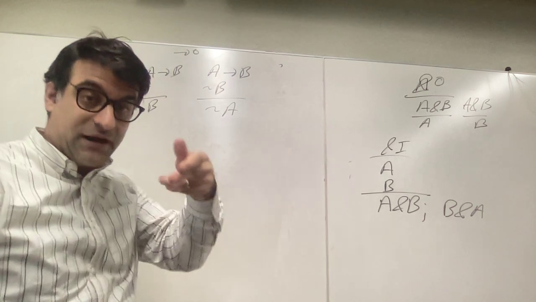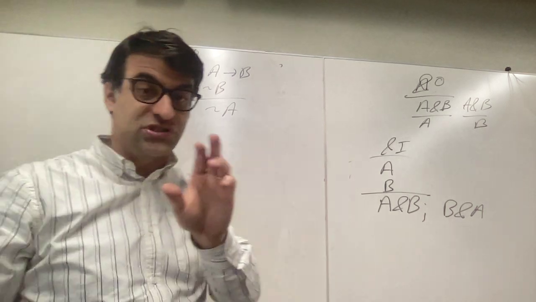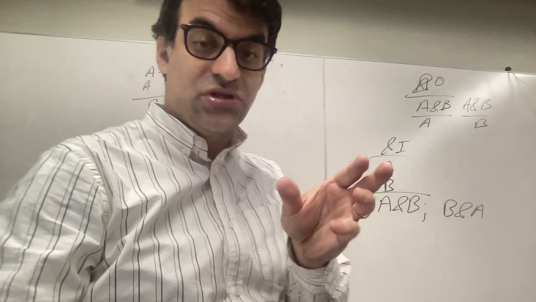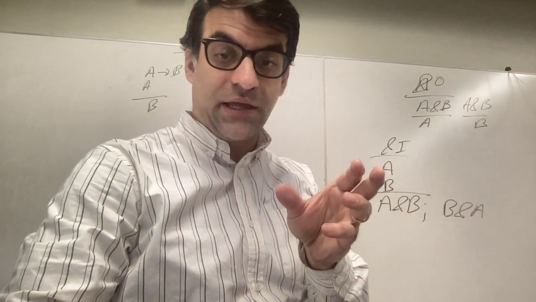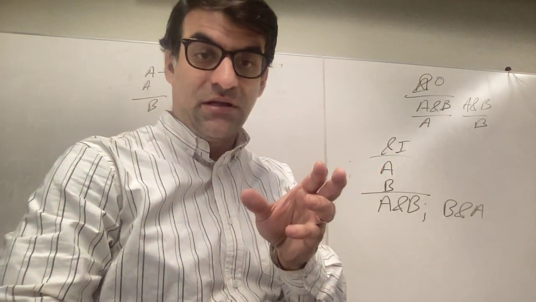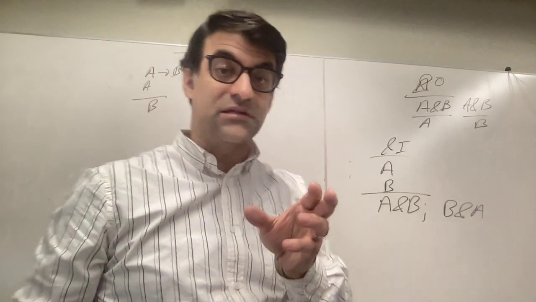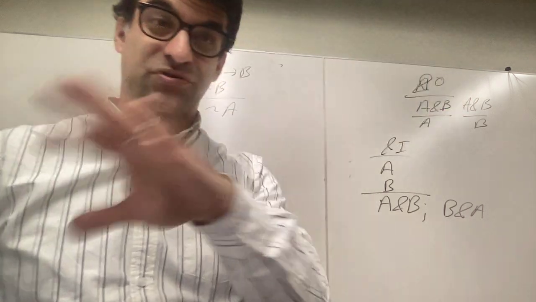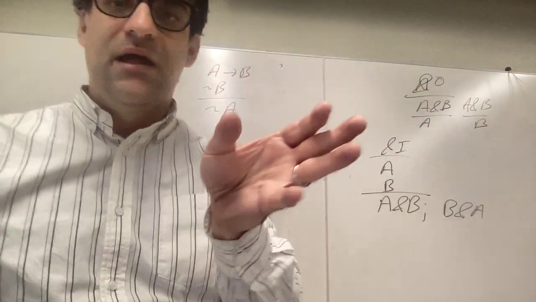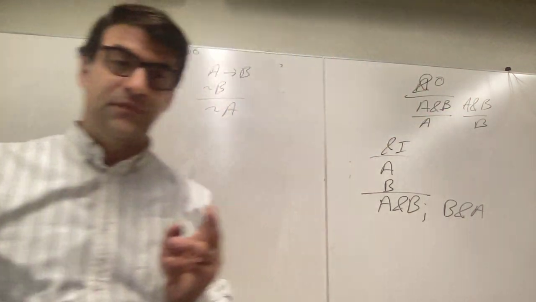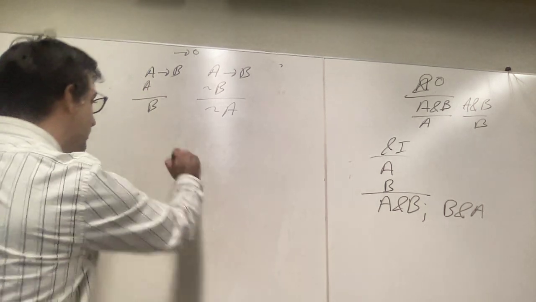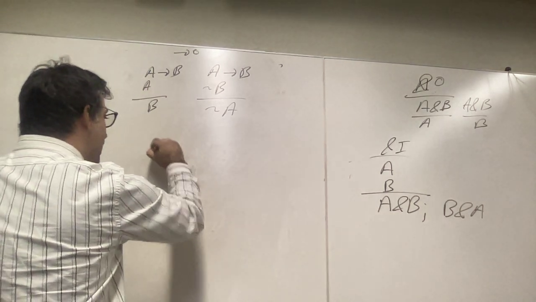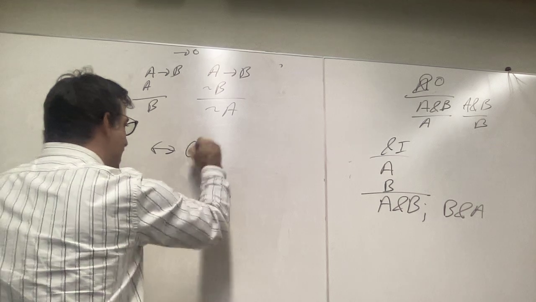We do have double arrow in and out because remember, double arrow is just equivalent to the arrow going in both directions. Double arrow is also equivalent to some and statement, right? Either they're both true or both false, or either or statement, but we're sticking with the double arrow. So for double arrow in, let's just do double arrow out.